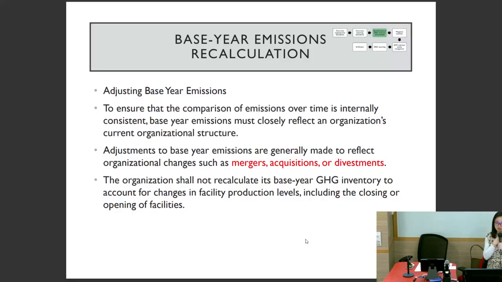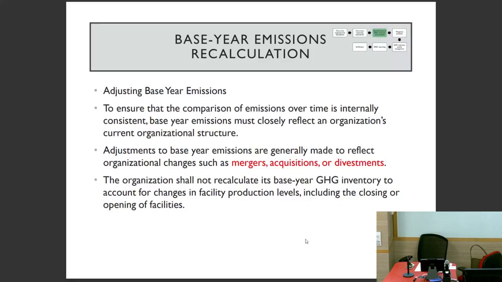Adjustments to base year emissions are generally made to reflect organizational changes, such as mergers, acquisitions, or divestment. For the business, it is quite often that a company may buy another company, right? If company A buys company B in one year, then the emissions of company B will now belong to company A, right?